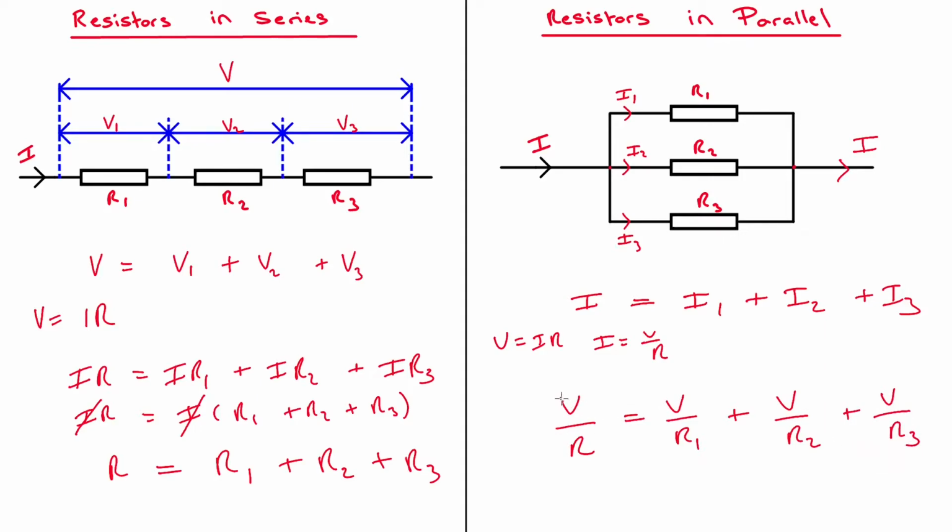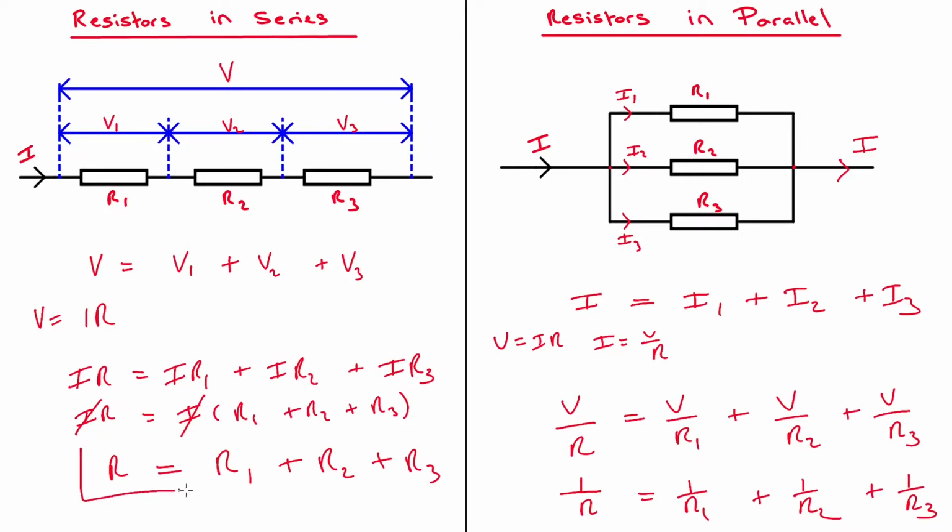Now again here we can see we've got V on both sides. If we divide through this equation by V, V's will cancel because the PD, when they're in parallel, the PD across each branch of the parallel network is the same and equals the total PD. So if I divide through by V, what we end up with is 1 over R equals 1 over R1 plus 1 over R2 plus 1 over R3.